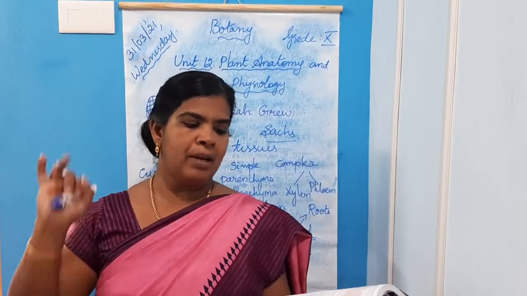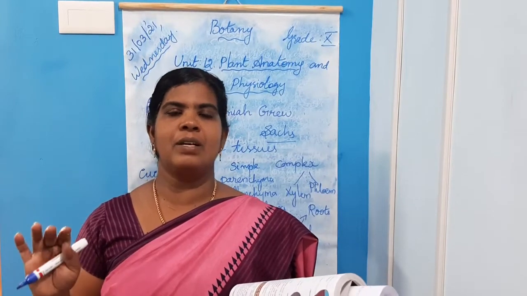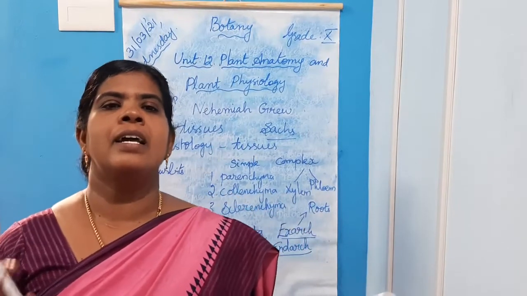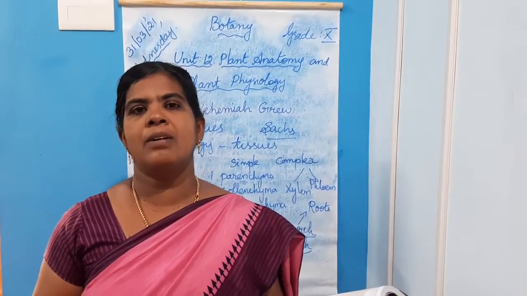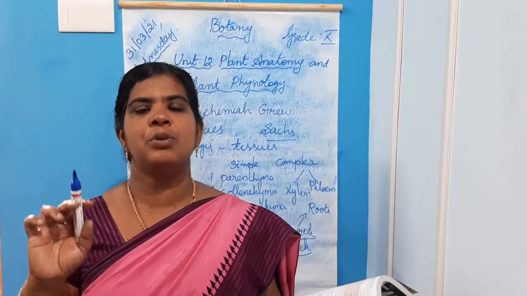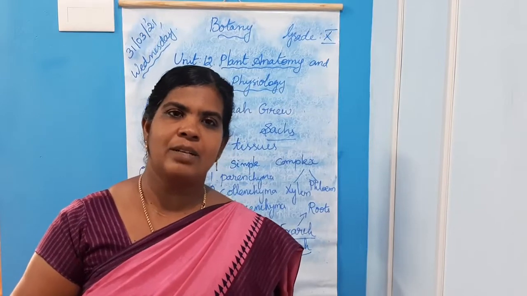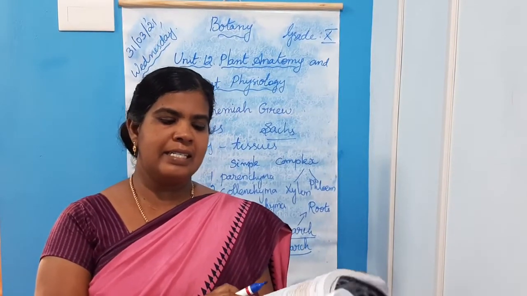Epiblema, cortex, endodermis, pericycle, stele, vascular bundle and pith. So which is the outermost layer of the root? In both monocot and dicot roots, the outermost layer is epiblema, or it is termed rhizodermis, or the piliferous layer.